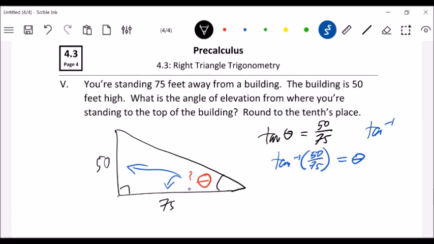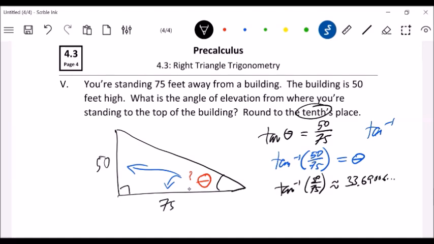So when you put that into the calculator, tangent -1 of 50 over 75, we get back approximately, look carefully at what this one came to, 33.69006.